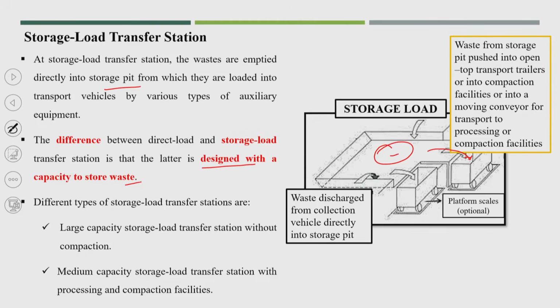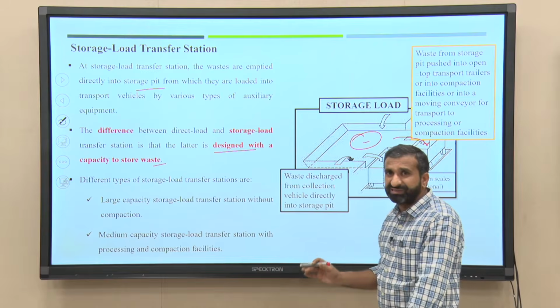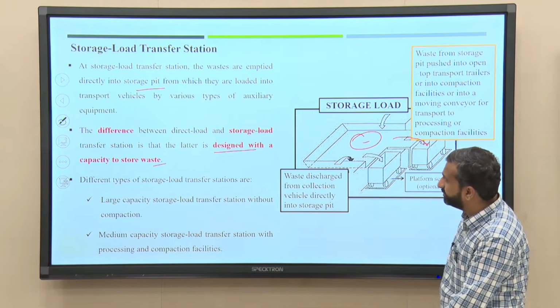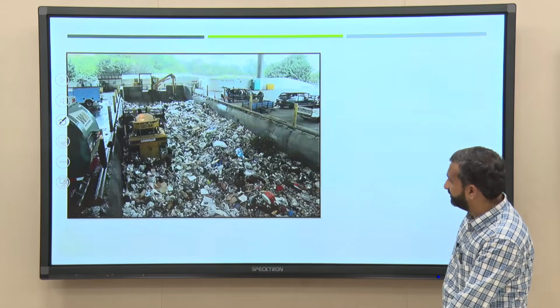Some unit could be possible so that the recyclable matter will get segregated, and the remaining, which is not possible to segregate, will be loaded into the larger vehicle. That kind of facility we can plan into the storage load transfer station. So, it is not only a transfer station, but we can also plan a recycling facility in such locations.